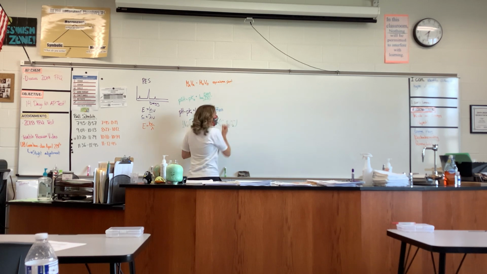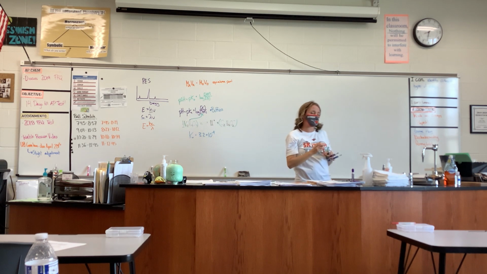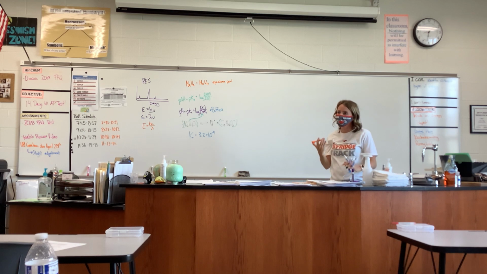You can decide if you want to memorize it or not. If you understand that equivalence point means moles are equal, you can derive this equation, because moles of A are going to equal moles of B. It's an easy one to memorize. If you're trying to find the concentration at the equivalence point, you plug in what's given and that will get it for you.